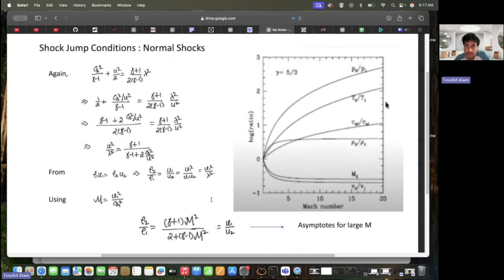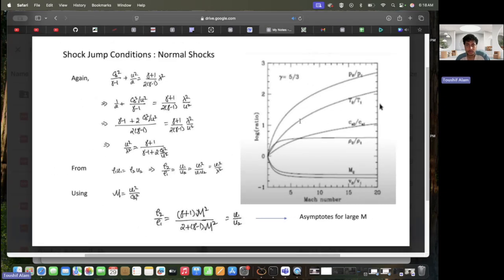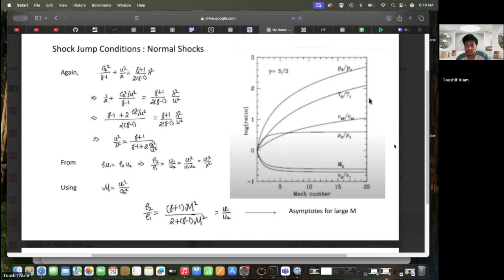So if we draw the graph here, a log of ratio and the Mach number plot, we will get that for rho 2 by rho 1, right?